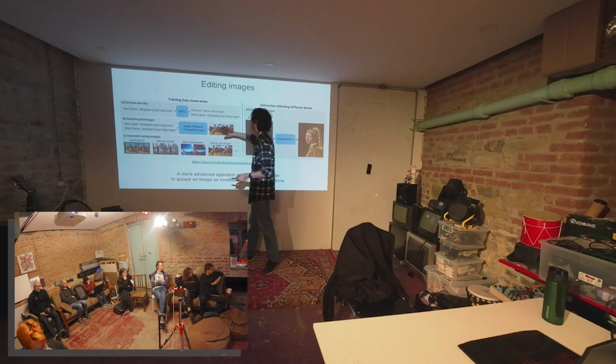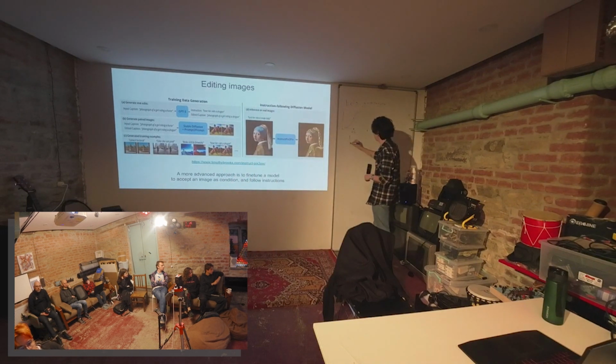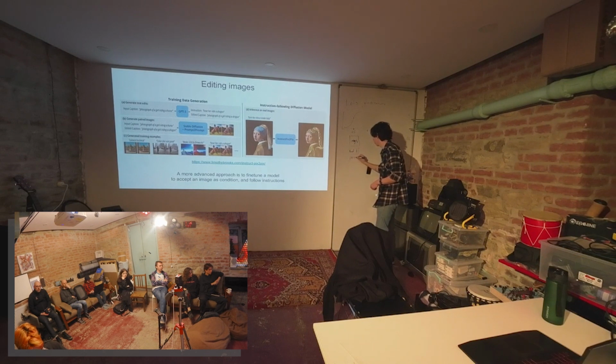Let's jump actually. Before, we had this input image, the image with noise level T, which is the noise level. We had the prompt. All of this was fed into the model.